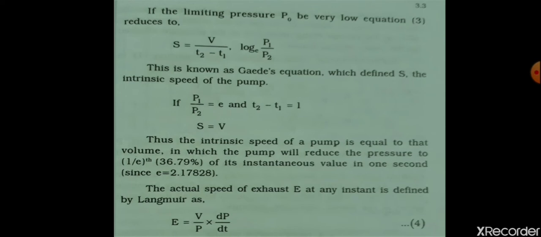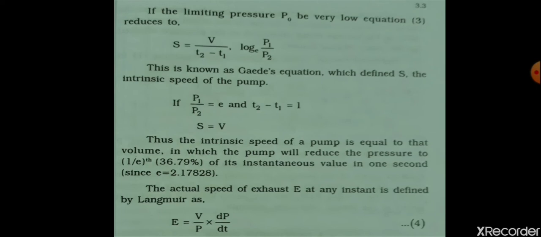If P1 by P2 is equal to e and T2 minus T1 is equal to 1, then we can write S is equal to V. Thus, the intrinsic speed of the pump is equal to that volume in which the pump will reduce the pressure to 1 by e of it, that is 36.79% of its instantaneous value in 1 second.